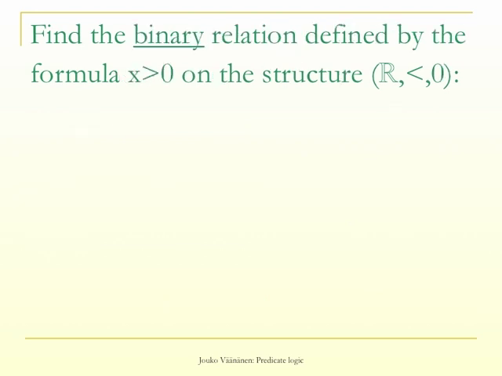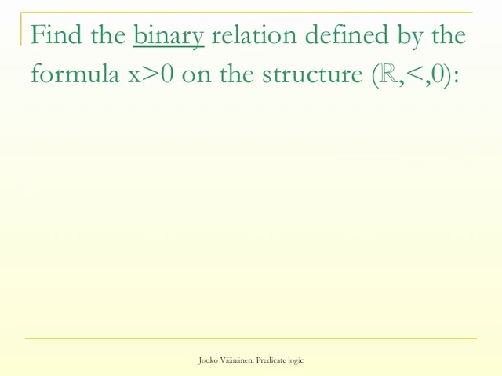Find the binary relation defined by the formula x greater than 0 on the structure R less than 0. Again, we use here 0 both as the real number 0 and the name for it in the vocabulary. What could be confusing in the beginning is that we are looking for a binary relation.